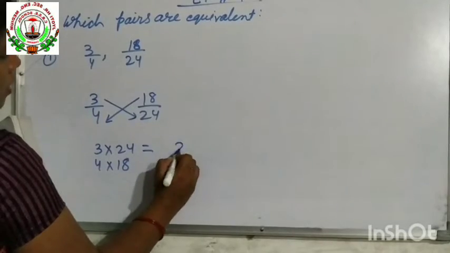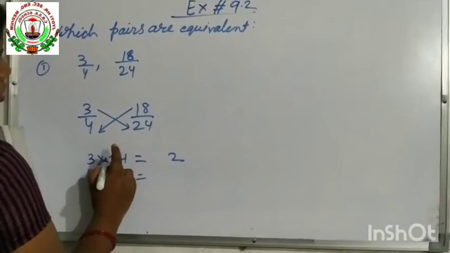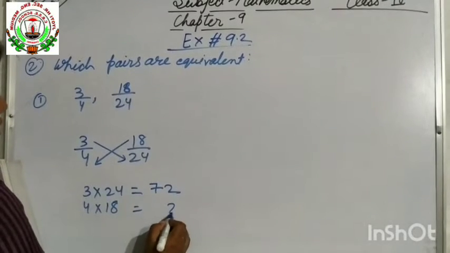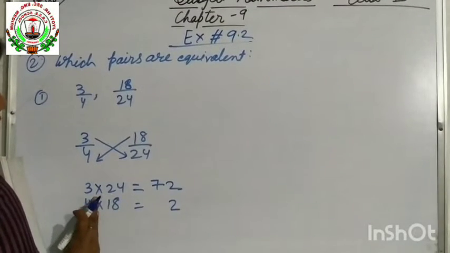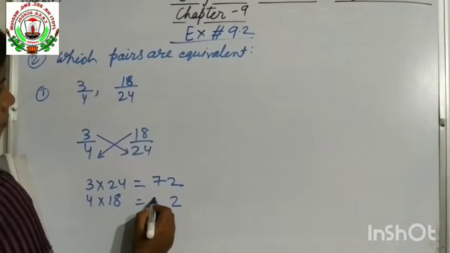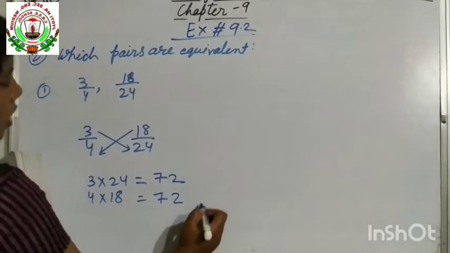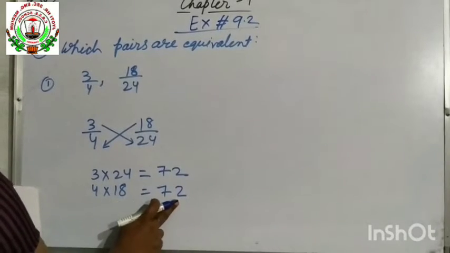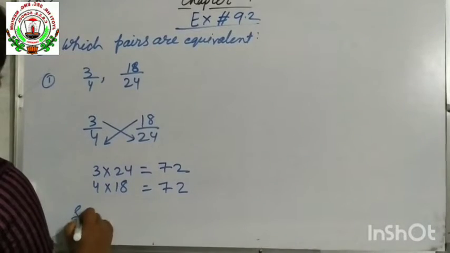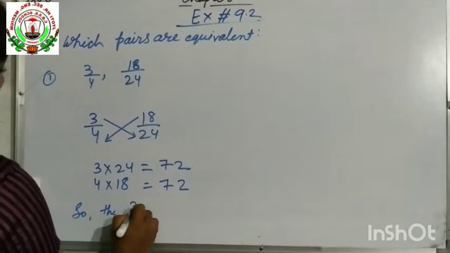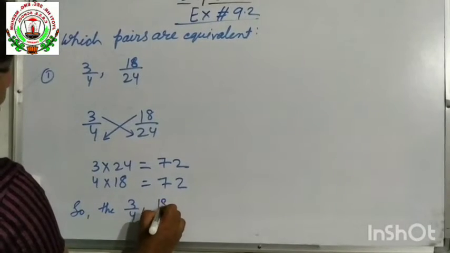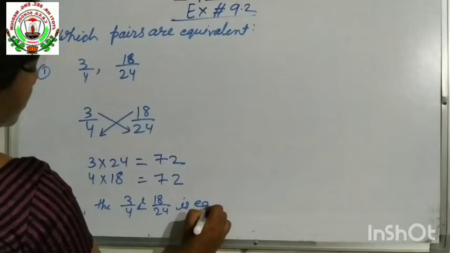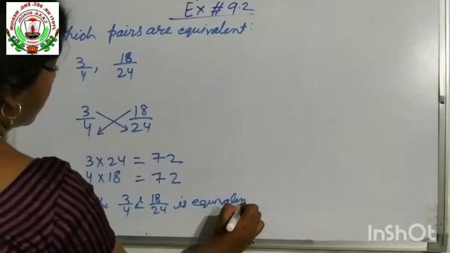3 4 ja 12, 2, 1 carry, 3 2 ja 6 and 1, 7. 4 8 ja 32, 2, 3 carry, 4 1 ja 4, 4 plus 3 is 7. Now both products are the same. Here 3 into 24 is 72, 4 into 18 is 72. So the fractions 3 by 4 and 18 by 24 are equivalent.